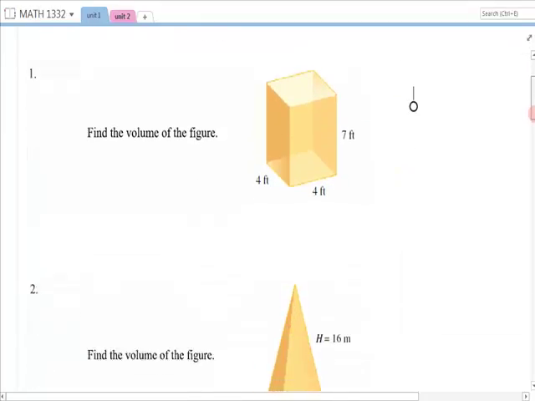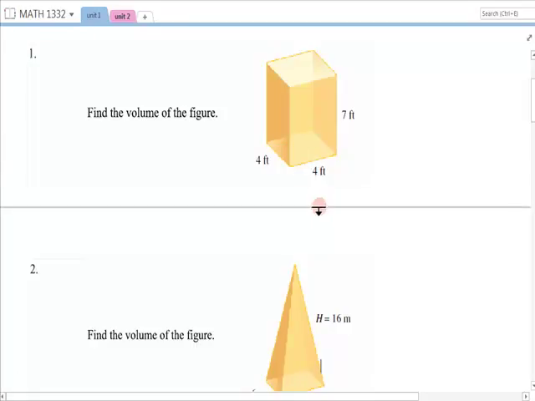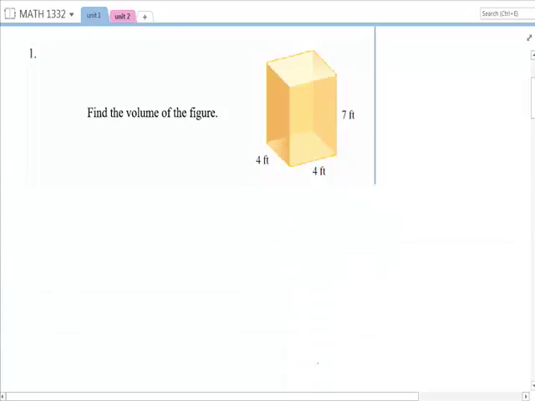And this figure, which is commonly called a box, is actually known as a rectangular prism. Formula: volume is equal to, you've got the base and the height.